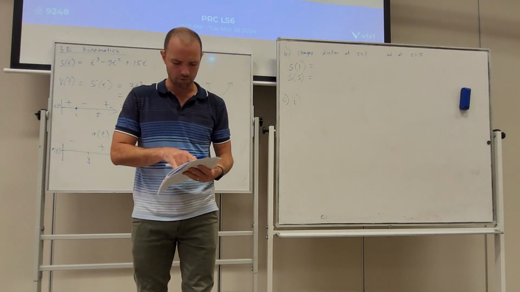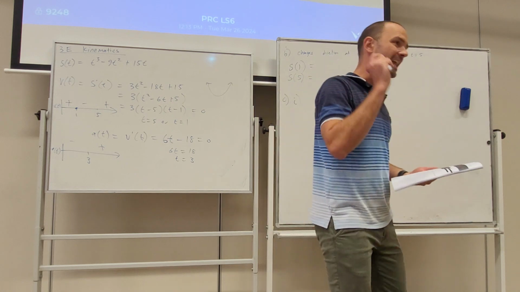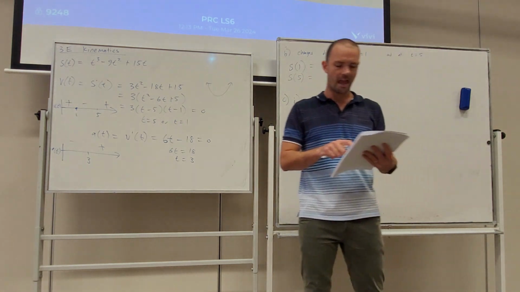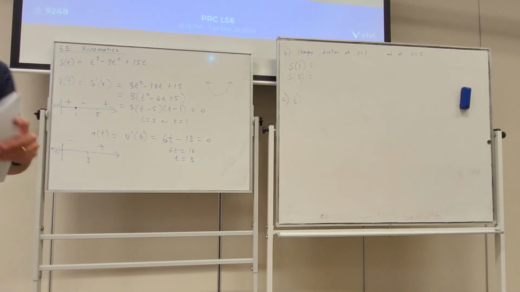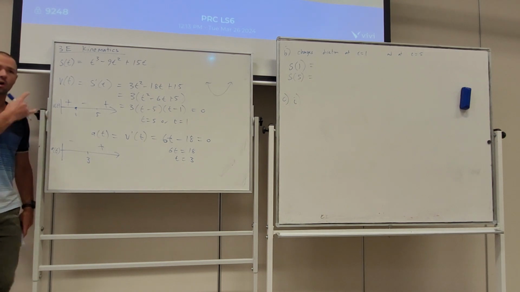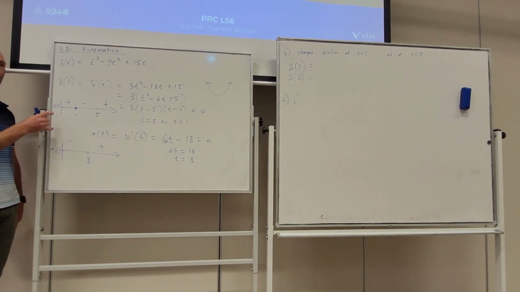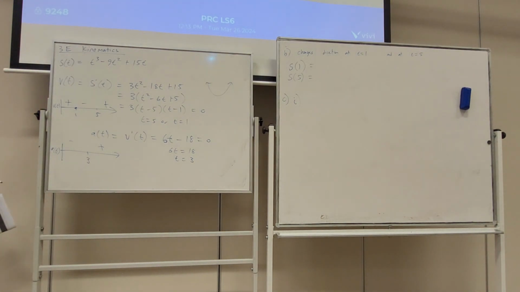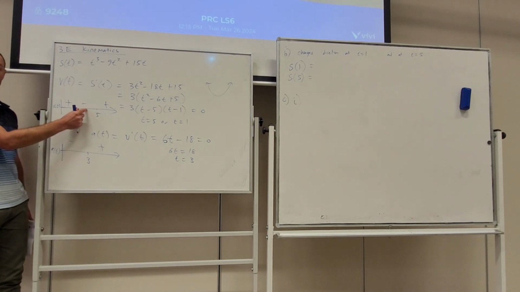This is going to be the third dot point. Speed of an object is the magnitude of its velocity. If V of t and A of t have the same sign, then the speed is increasing. So we're looking at the sign diagrams here and over what intervals they are both positive or both negative. A of t is negative till we get to 3 and V of t is negative between 1 and 3.